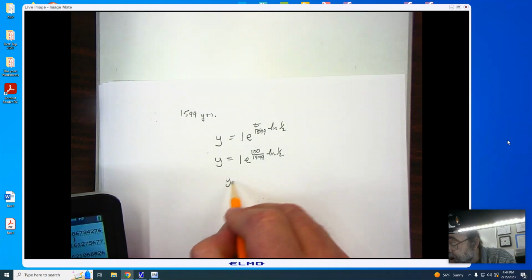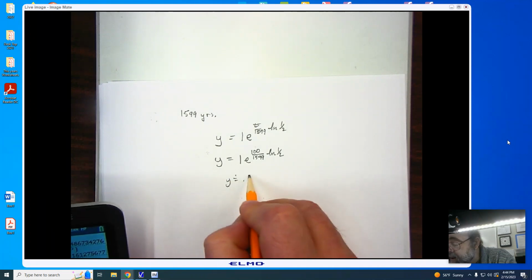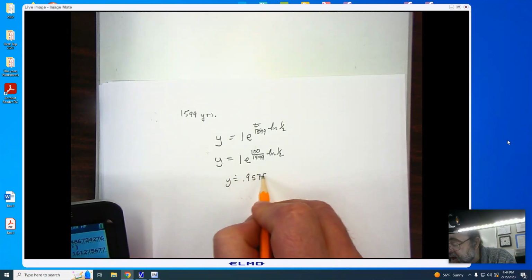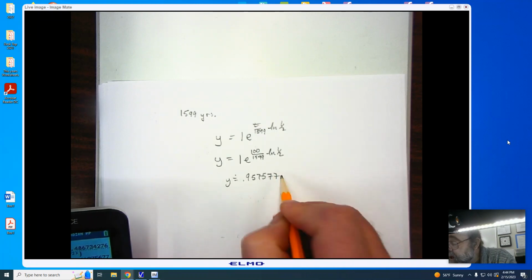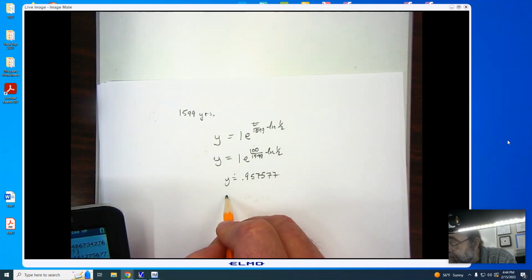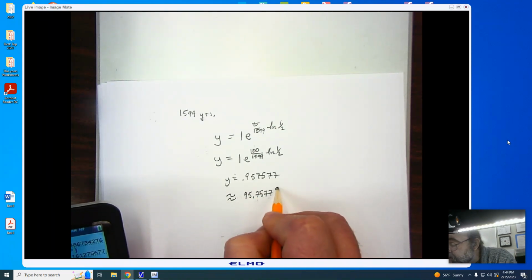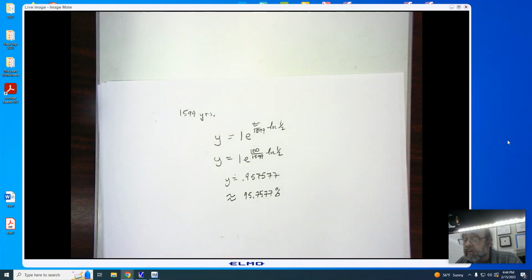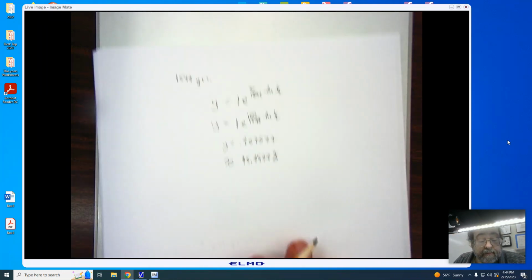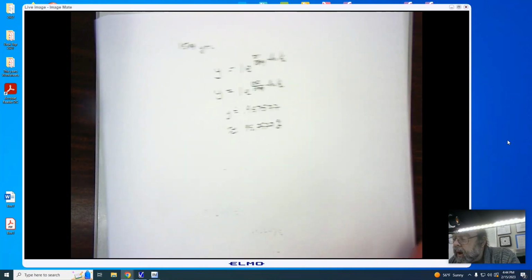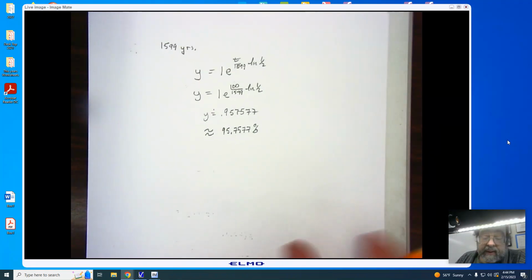So since I get y equal to approximately 0.957577, I know that we will have approximately 95.7577% of our original substance remaining. Alrighty, that was number 37.